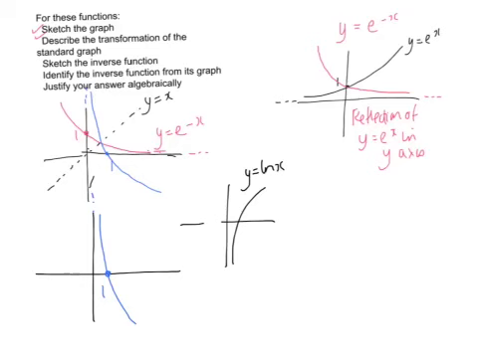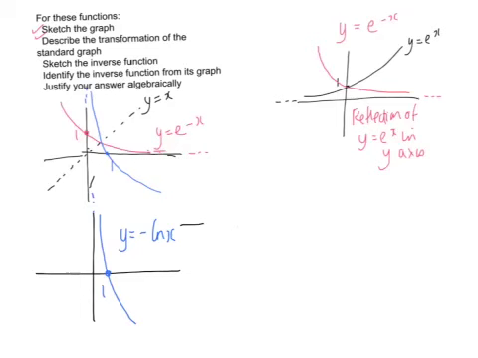So the equation of this one is going to be y equals minus ln of x. We're hoping that the inverse function of y equals e to the minus x is y equals minus ln of x. So we're just going to use an algebraic method to check that that's right. Looks right, but we'll just double check.